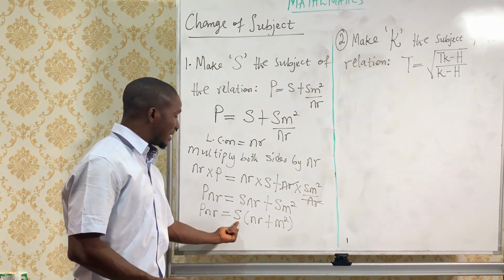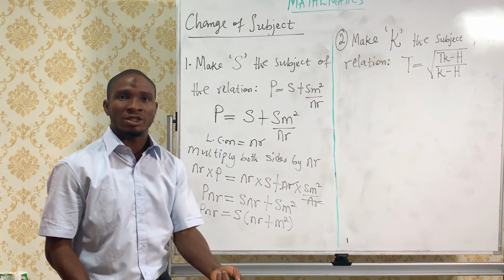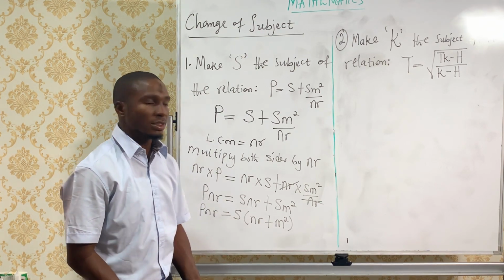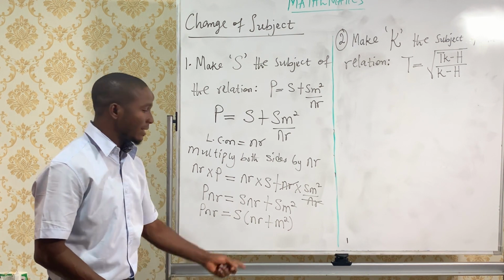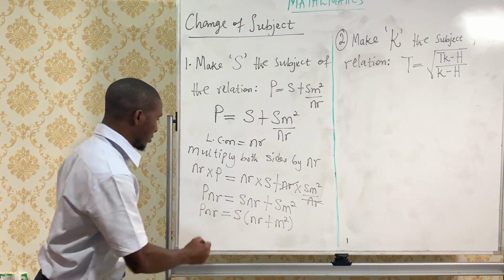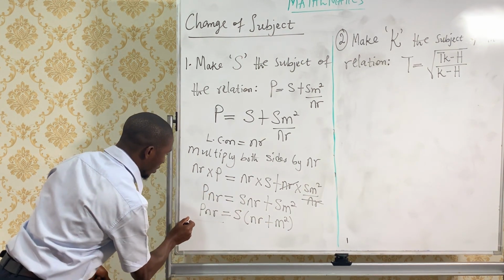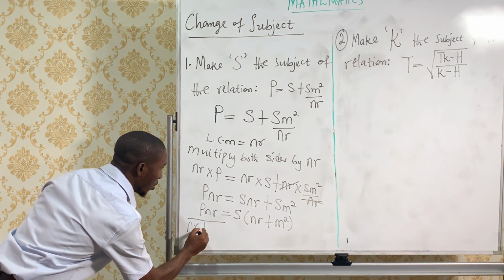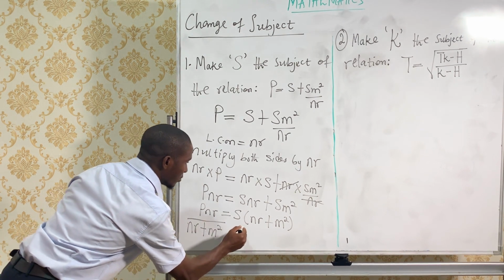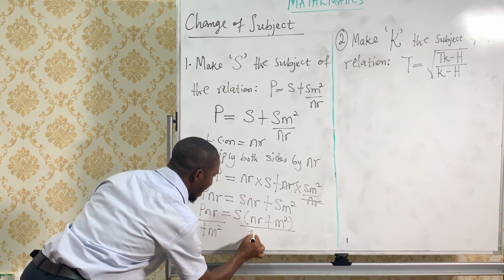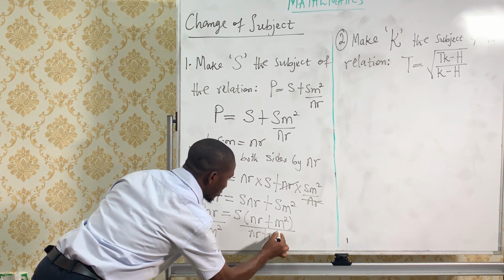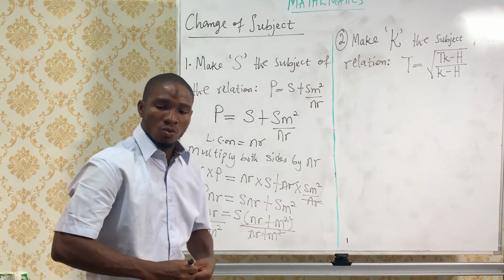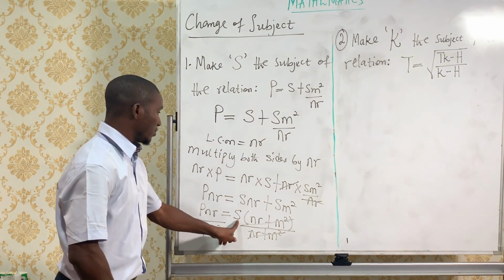To make S stand alone, we divide both sides by the coefficient of S, which is NR plus M squared. This cancels this.